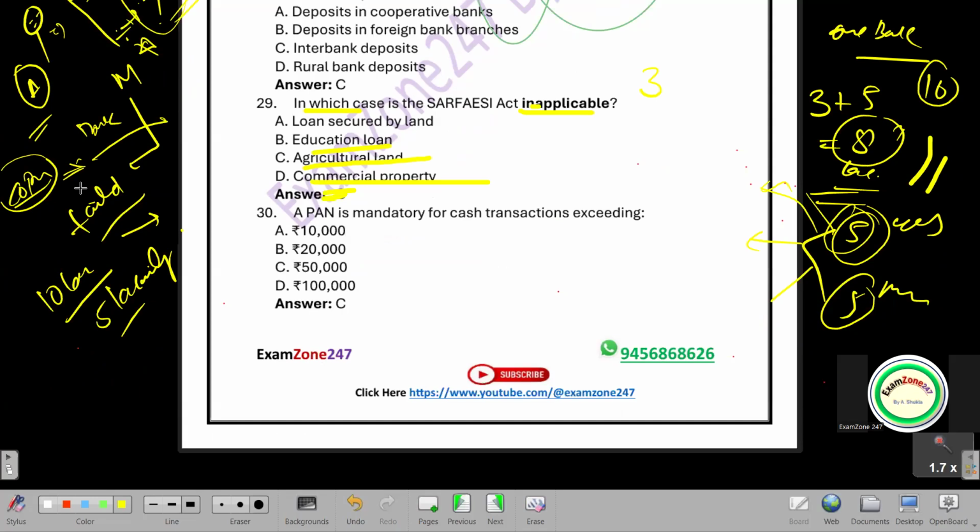Yes, agricultural land, you cannot enforce SARFAESI. Further, how much amount is required to enforce SARFAESI? What is the minimum amount for which SARFAESI is applicable?